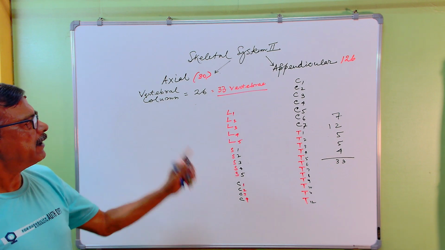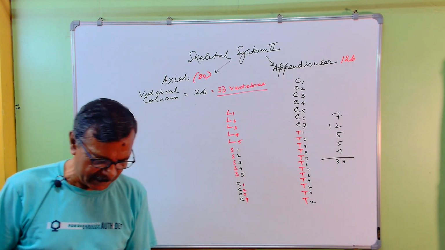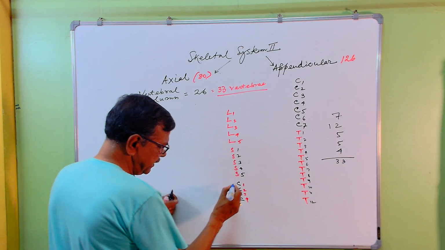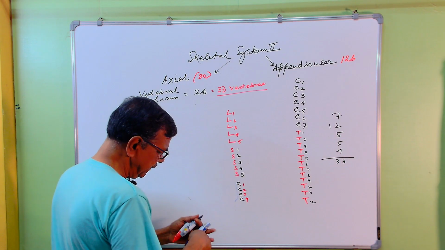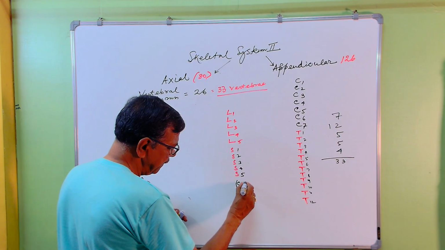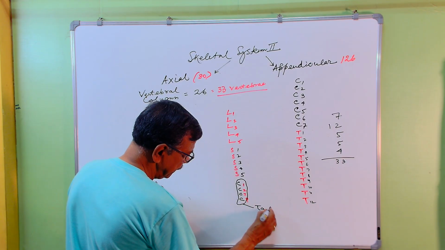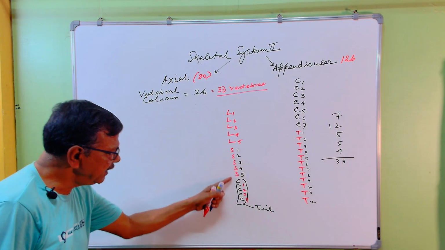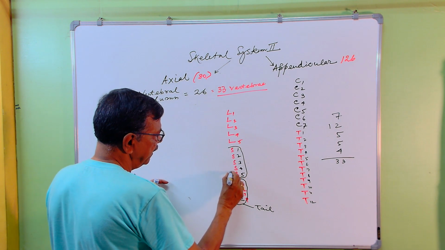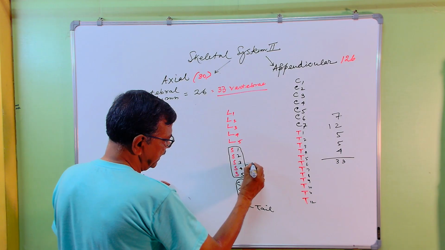So our vertebral column consists of 33 vertebrae, of which the coccygeal vertebrae form a single vertebra. It pertains to the tail. And these 5 fused to form a single vertebra called the sacrum.